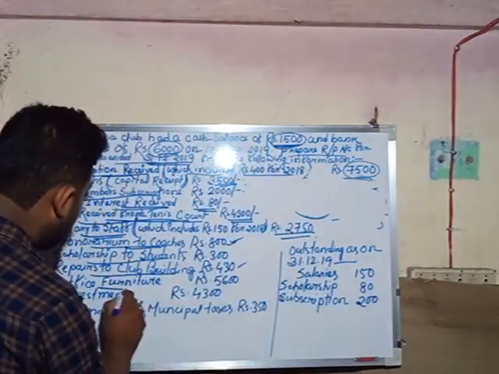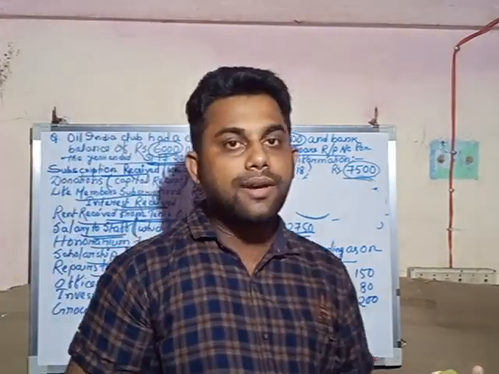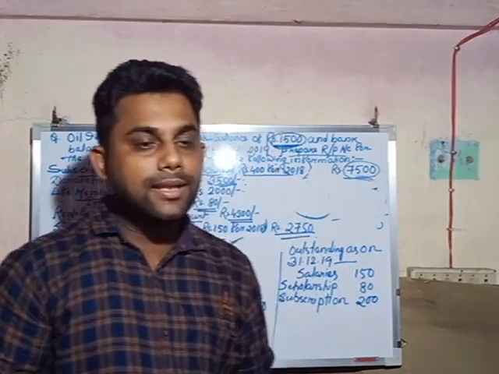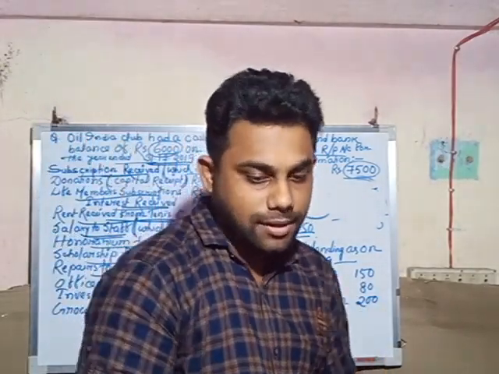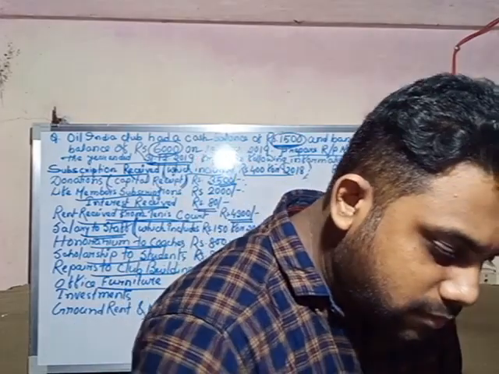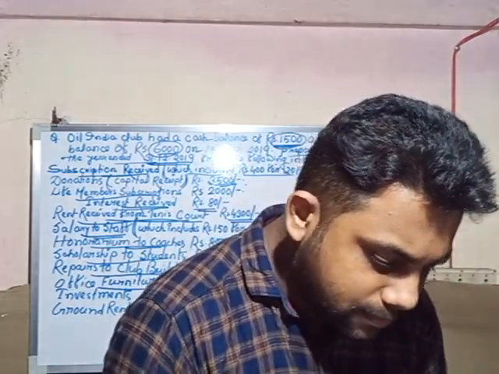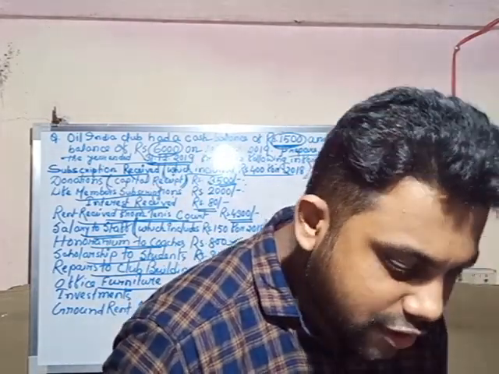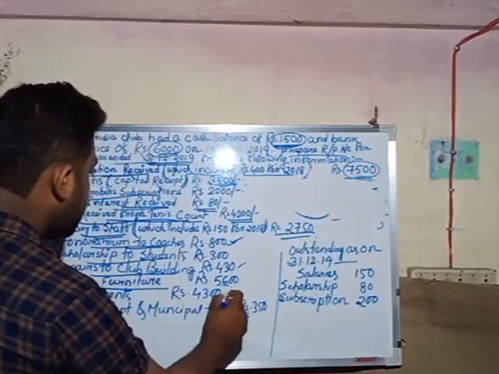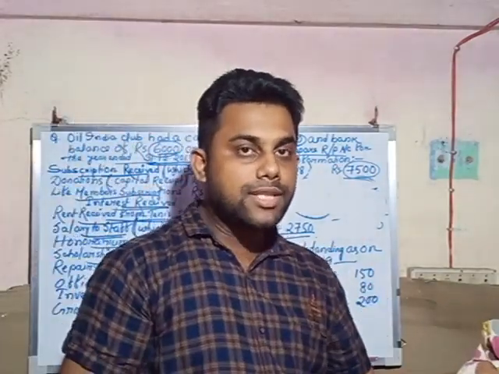Next, office furniture, rupees 5,600. That means they have made a payment to purchase office furniture, for rupees 5,600.